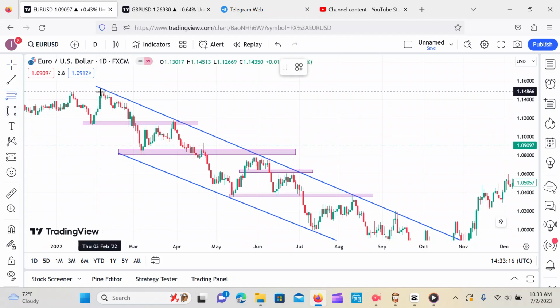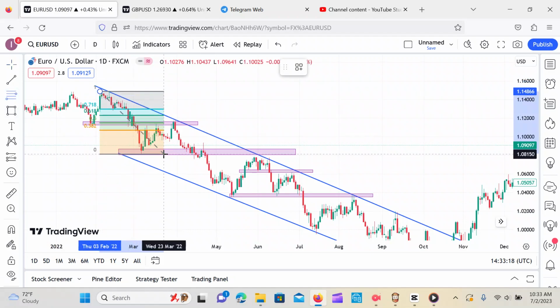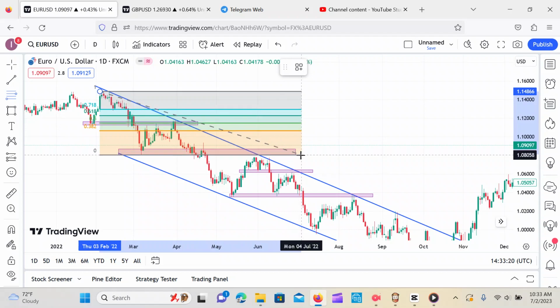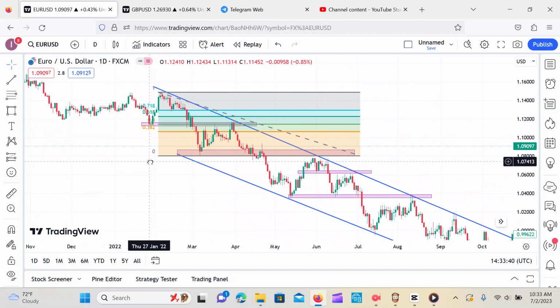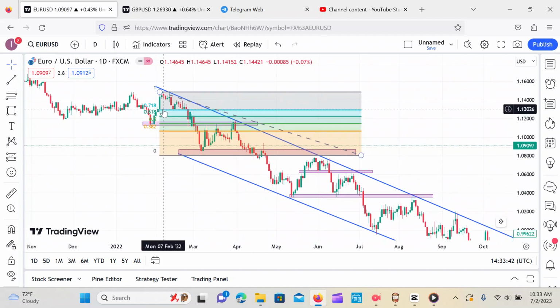Let's pick a Fibonacci from this swing high to this swing low, drag it. Price came back to respect the 50% trend line. That is where this price pushed back. We have this 61% right here, this is 70%, 71%, but price came back to respect our 50% trend line.